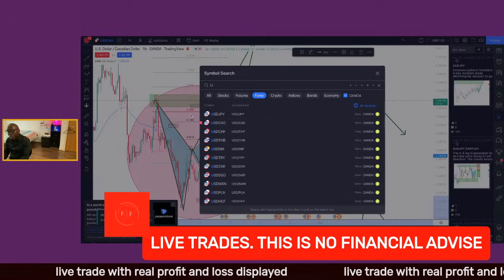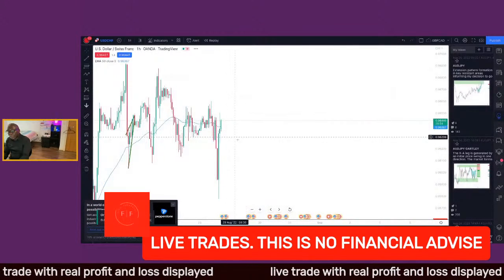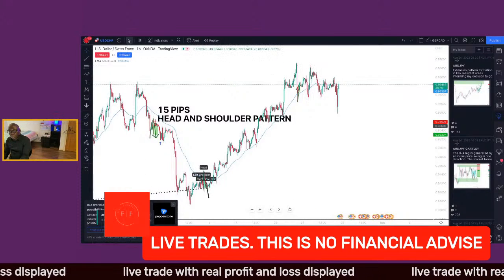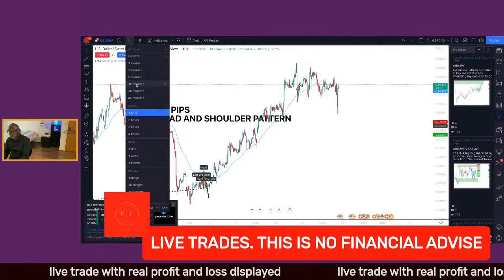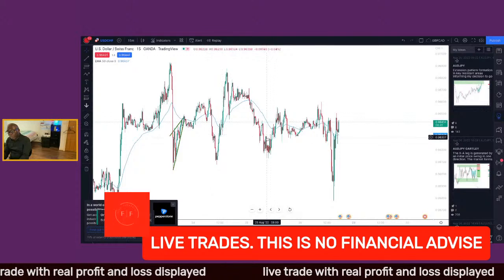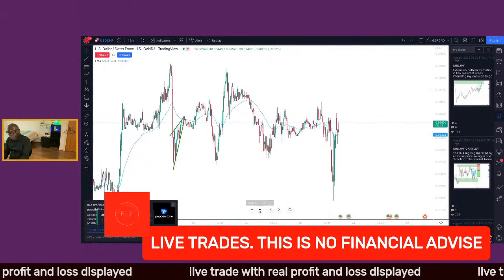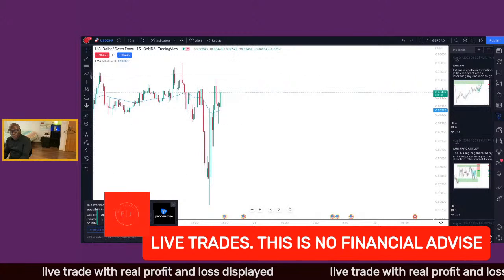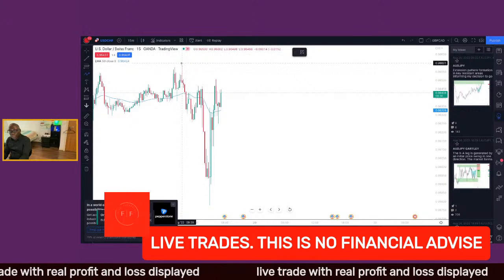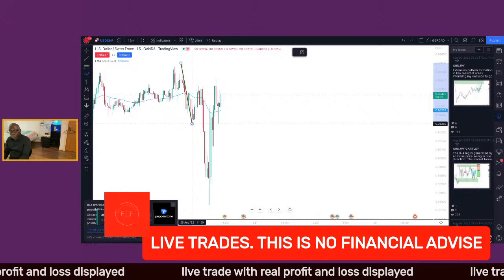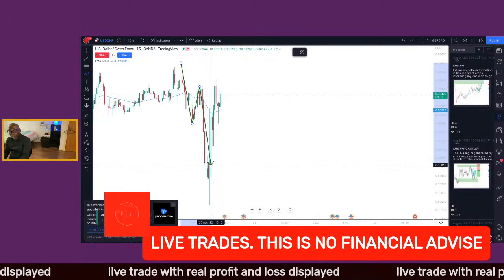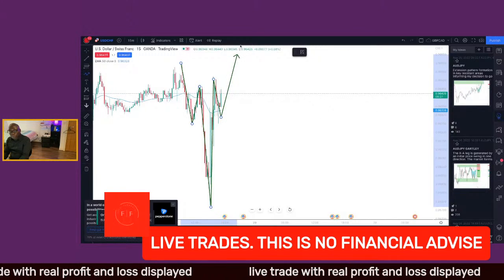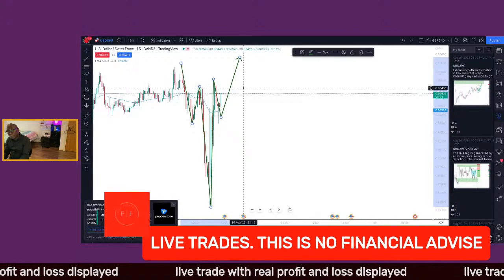Let me see if there's any other. Let's try this. I wouldn't necessarily trade this on a 1 hour time frame. 15 minutes. Would you say this is a head and shoulders pattern? Would you see that as a head and shoulders pattern?